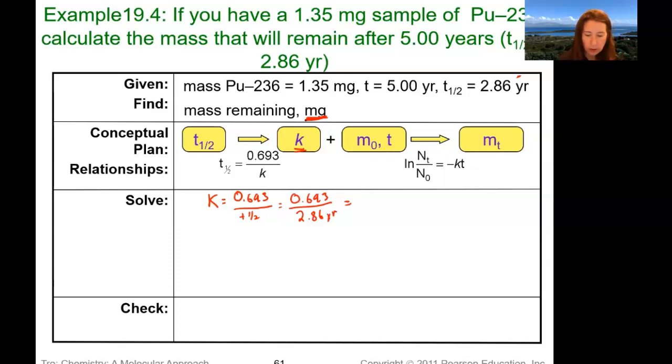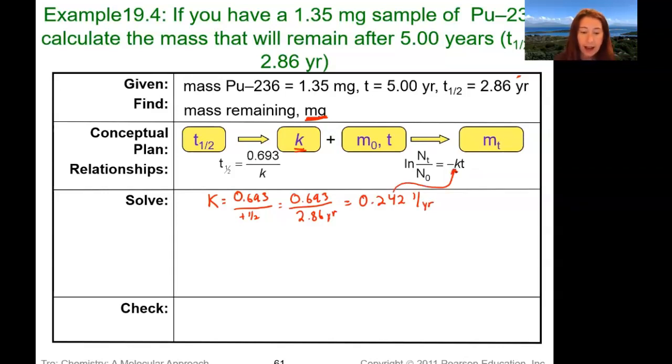Okay, so when you do that, you get 0.242 years to the -1, right? Or some people don't like that, so 1 over years is fine too. So that's our k. Now what we're going to do is plug our k in.